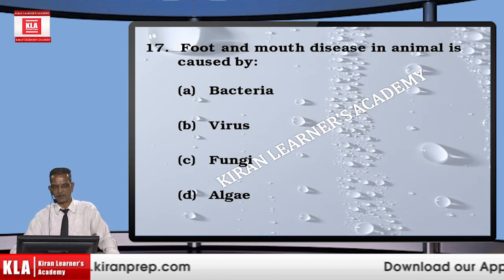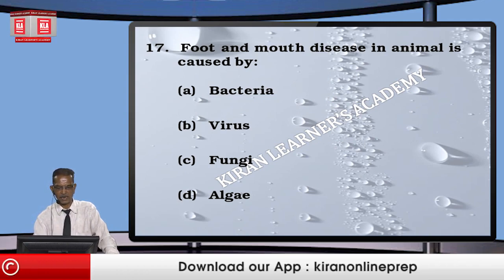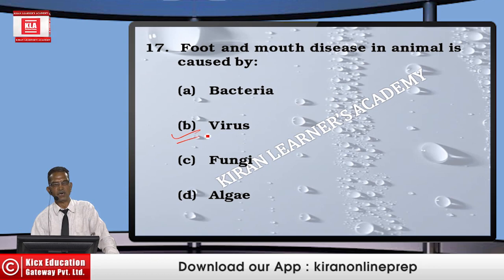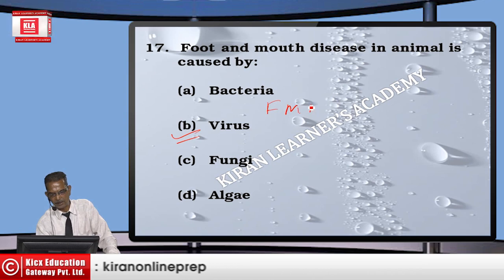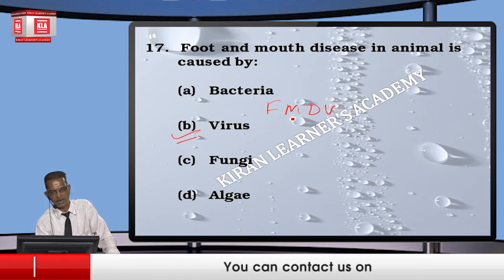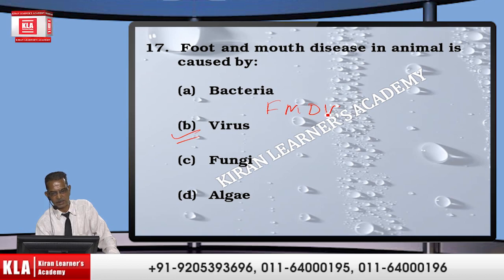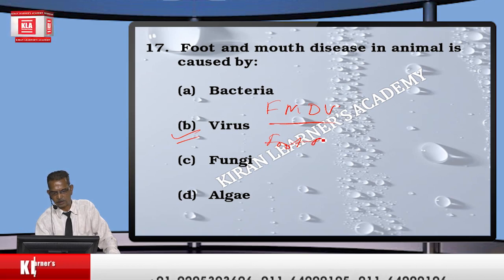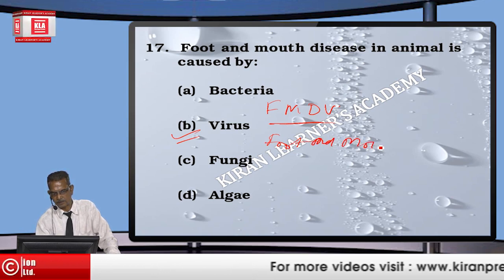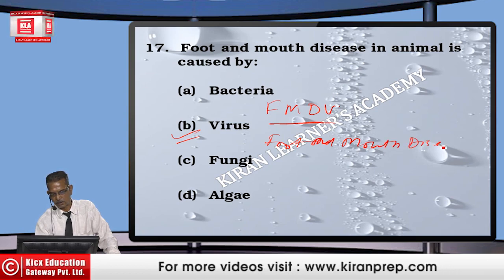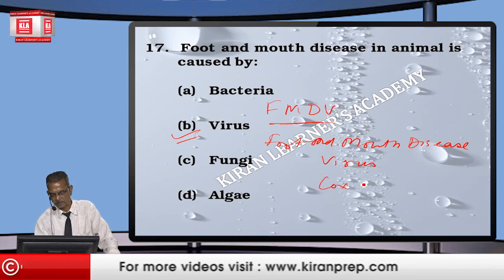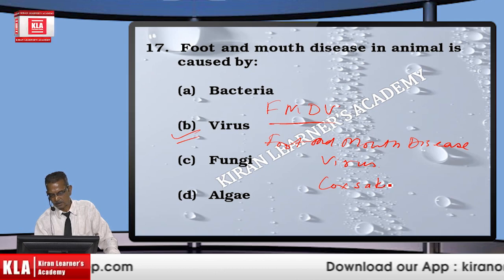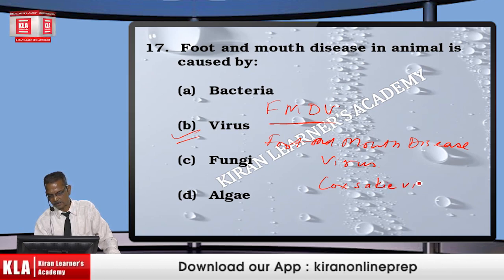Foot and mouth disease in animals is caused by, again, a virus. Foot and mouth disease, which is called FMDV, foot and mouth disease virus, and this is the Coxsackie virus.